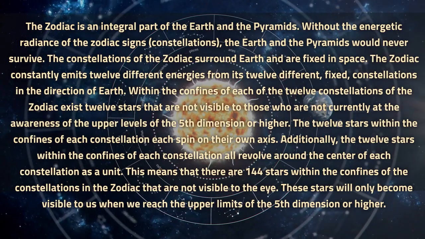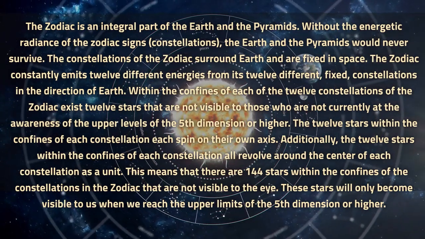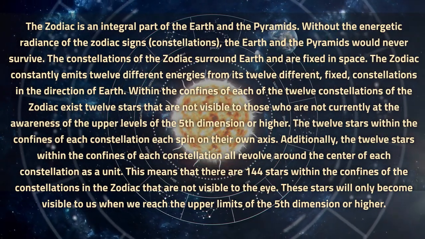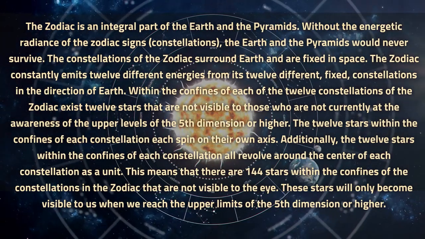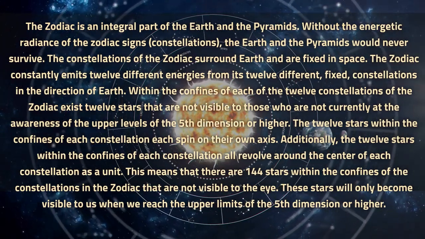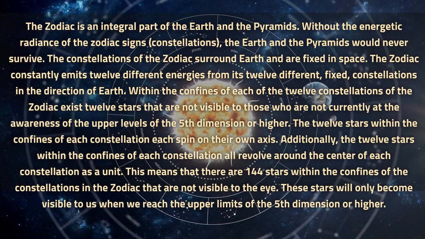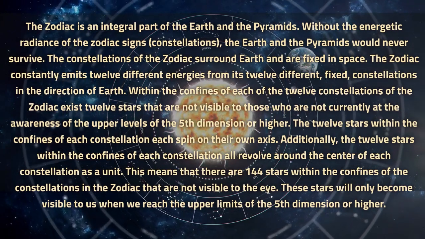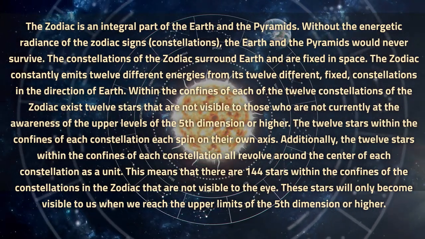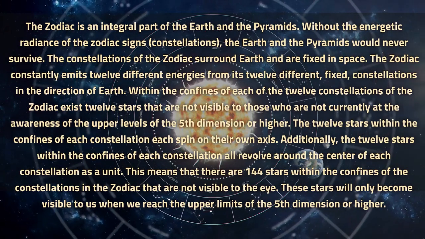The constellations of the zodiac surround Earth and are fixed in space. The zodiac constantly emits 12 different energies from its 12 different fixed constellations in the direction of Earth.